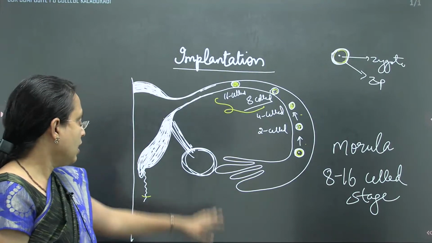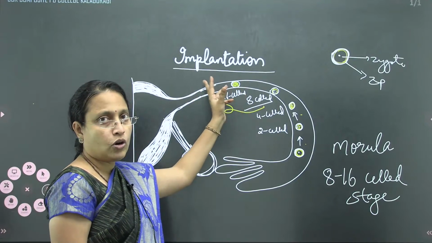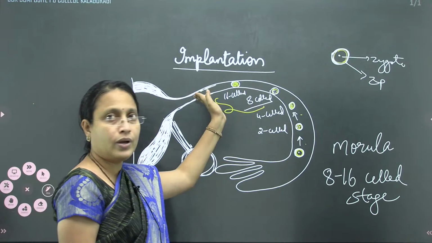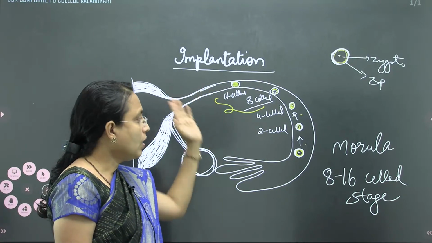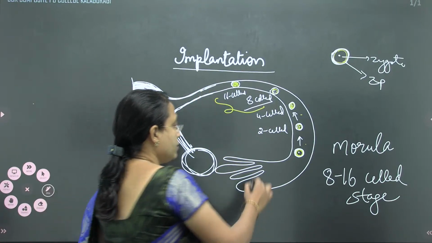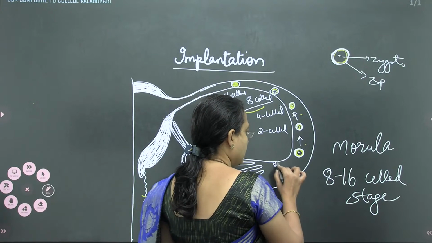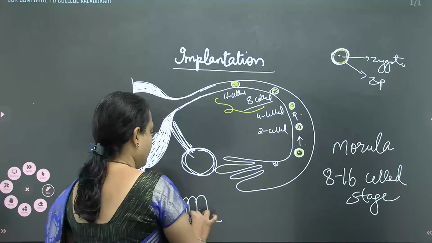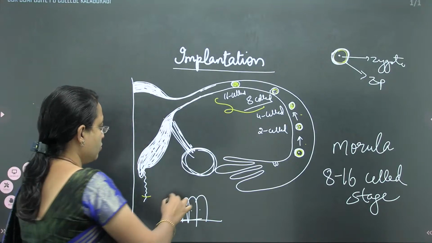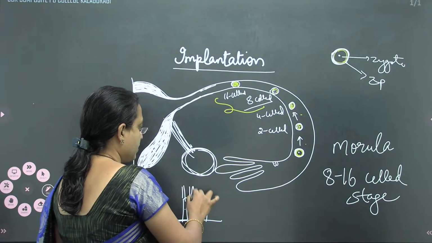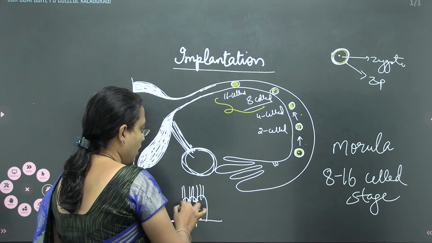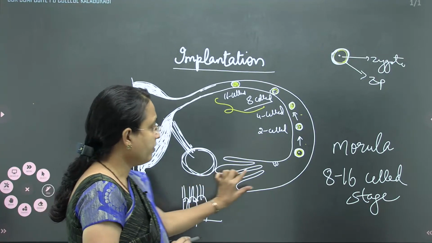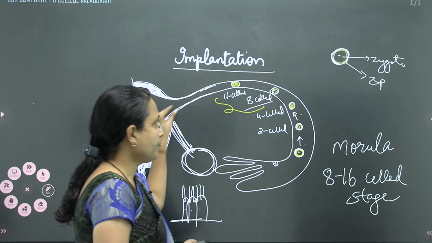Around the 4th day, the morula is formed and this structure will move in the fallopian tube. How does it move? The fallopian tube inside has columnar epithelium with cilia arising from the basal body. This ciliated columnar epithelium lines the fallopian tube.